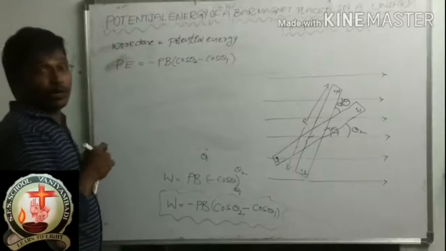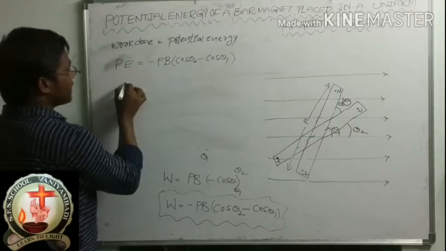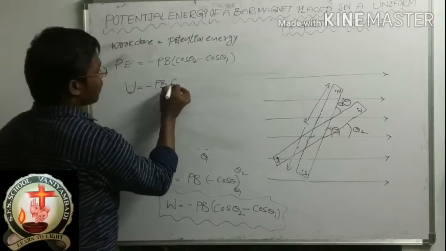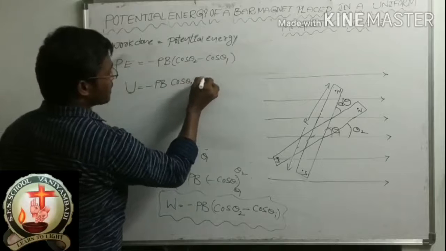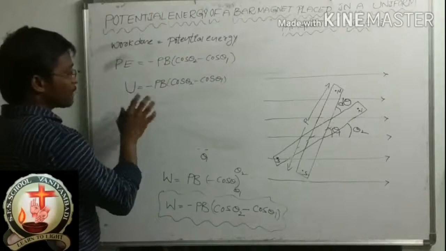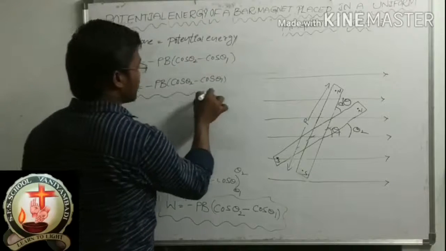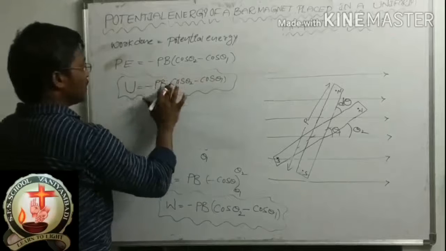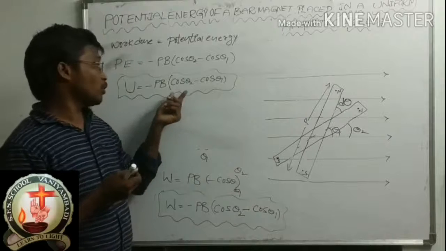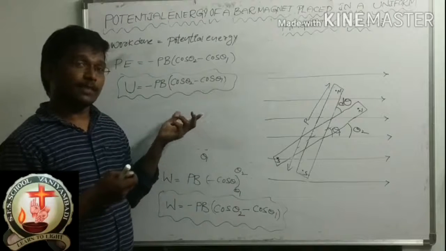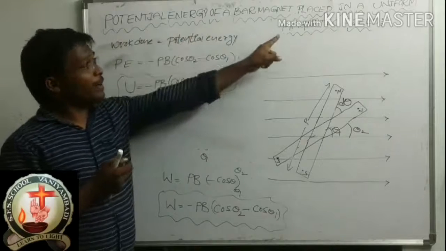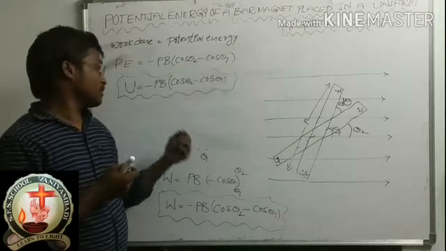Which term can we use to denote potential energy? U. So U is equal to minus PB into cos theta 2 minus cos theta 1. This is the expression of the potential energy of a bar magnet placed in a uniform magnetic field.